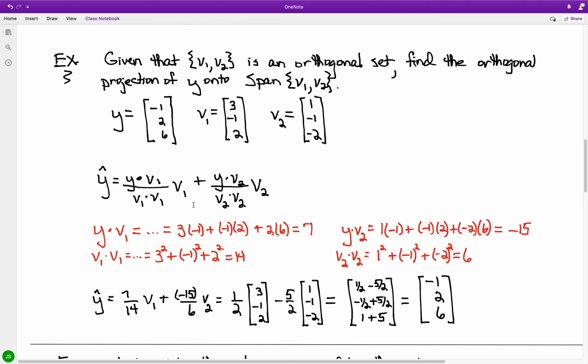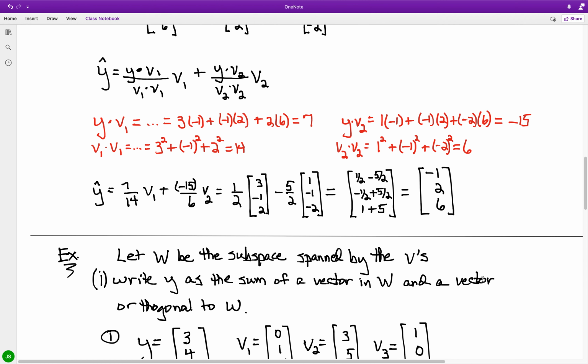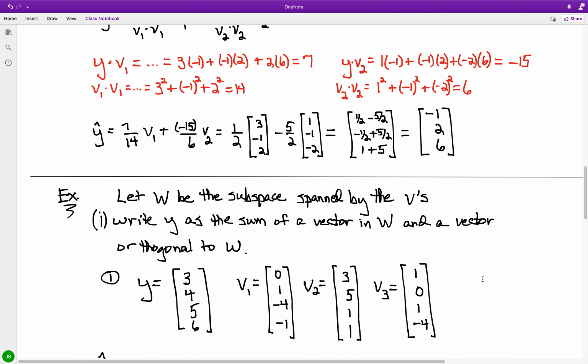Taking what we have for the algorithm, substituting and following through, it turns out that the projection of y is y itself, where we end up at negative 1, 2, and 6.